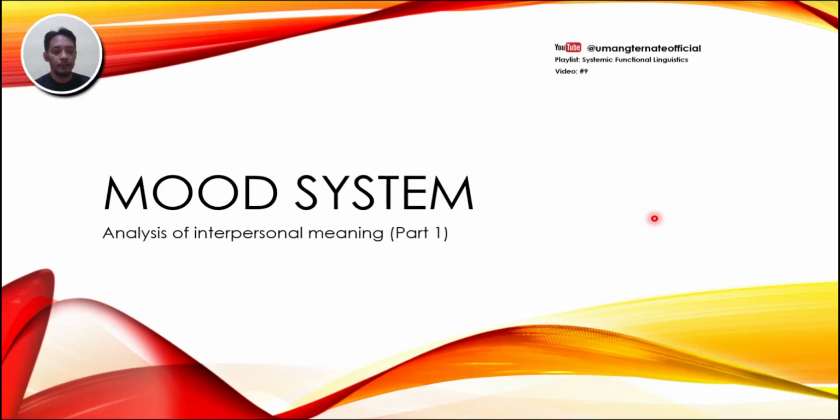But as you can see here, this is part 1, because in systemic functional grammar we have at least 3 systems to analyze the interpersonal meaning. The other 2 systems are the modality system and the appraisal system, which will be discussed in future videos, hopefully.